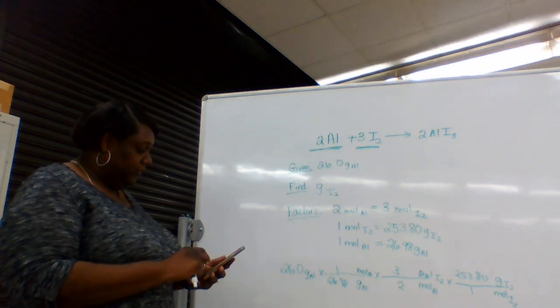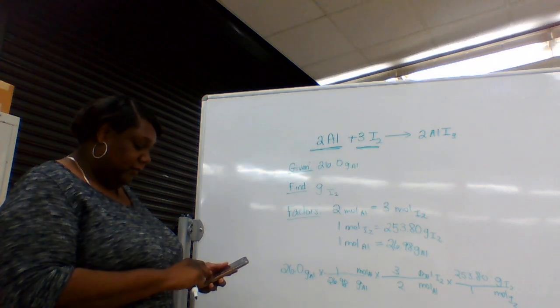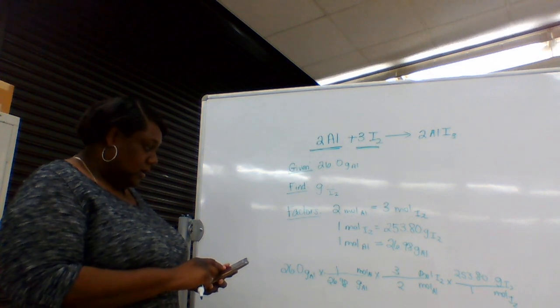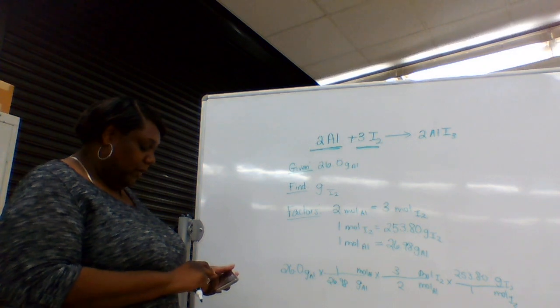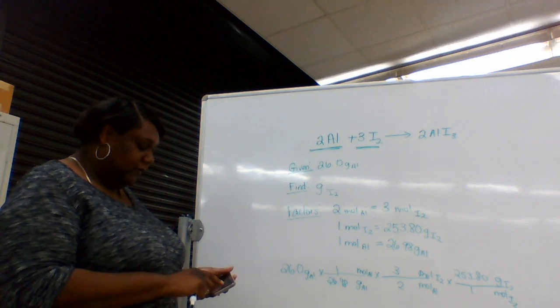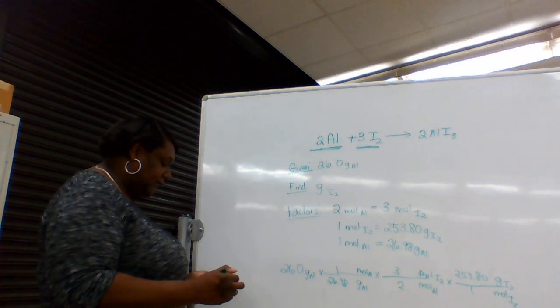Again, plugging these numbers into my calculator: 26 times 3 times 253.80 divided by, and again, you've got to remember on the bottom, tell the calculator to multiply the 26.98 by the 2 before it divides.